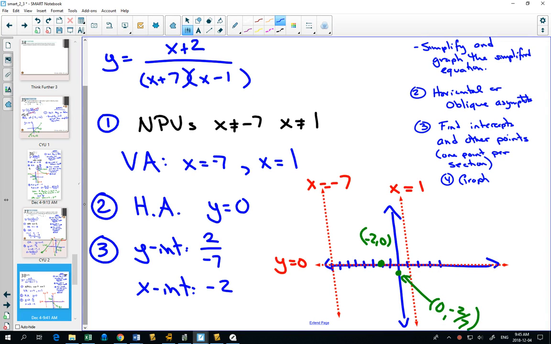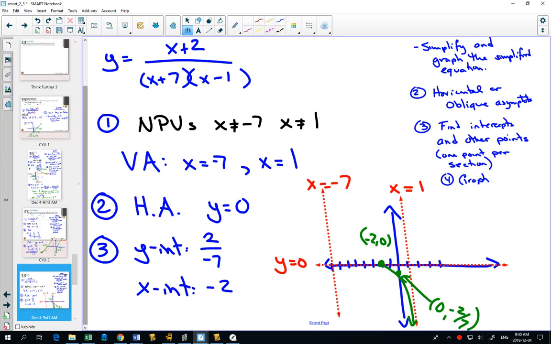Now, here I have enough information to draw this down this way. To the left of that, you would have to ask yourself, should it bounce off that x-intercept and go down to the asymptote? Or do you think it's going to go through the x-intercept and go up? If you're unsure, you can draw some other points.